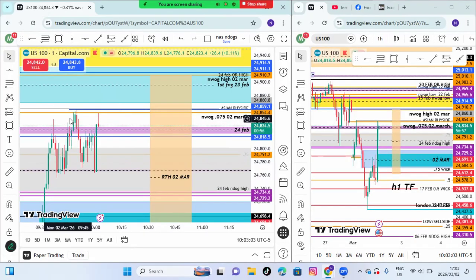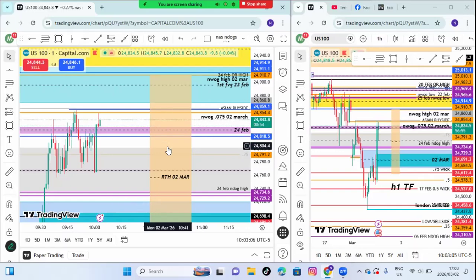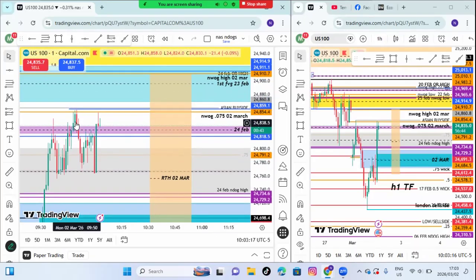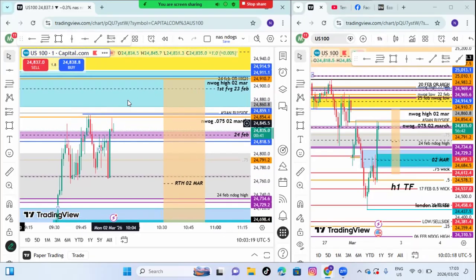This is like the 0.75 of this. If you put your fib from there to the low of it, you can see half is there, probably another half is somewhere there. Just a little, not asking for too much, just a little.